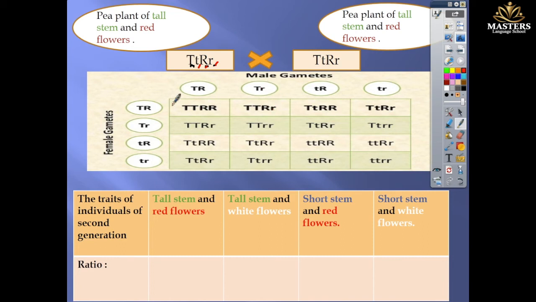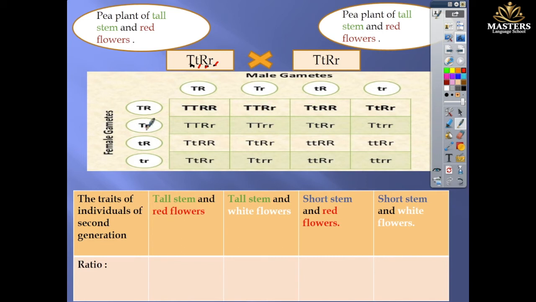After that, we will take the first female gamete with the third male gamete. So it will be C capital, C small, R capital, R capital. Okay? Finally, we will take the first female gamete with the fourth male gamete. So it will be C capital, C small, R capital, R small, and so on.